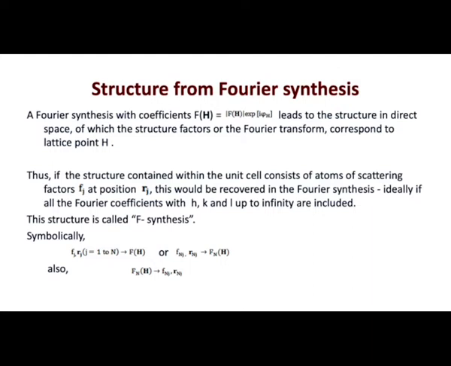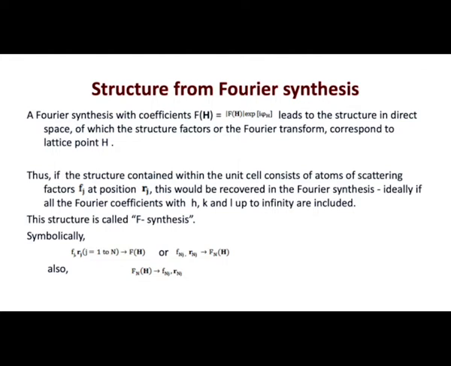Whatever Fourier synthesis equation we have given is known as F synthesis, F denoting Fourier. Symbolically, little fj, rj, where j runs from 1 to n atoms in the unit cell, leads to F of h, or structure factor.